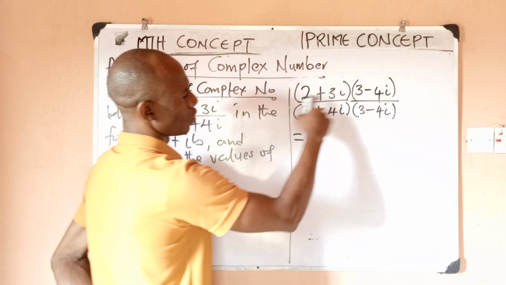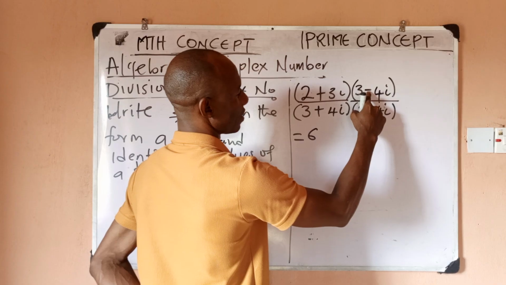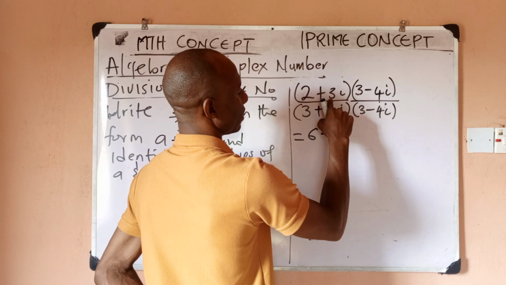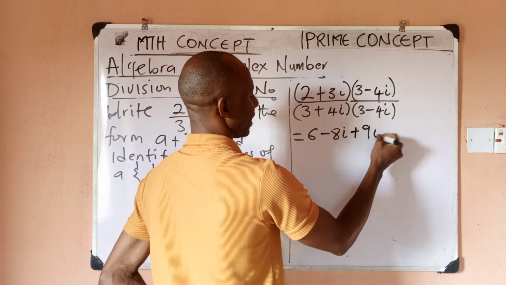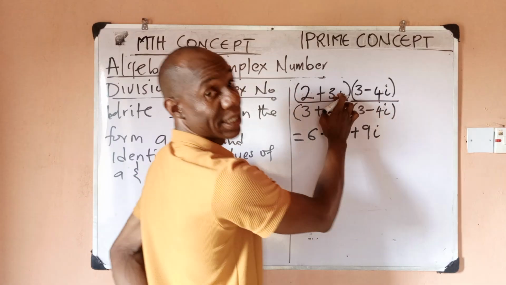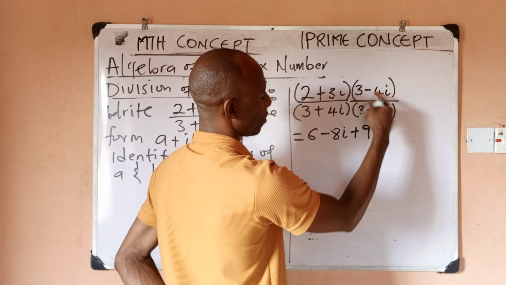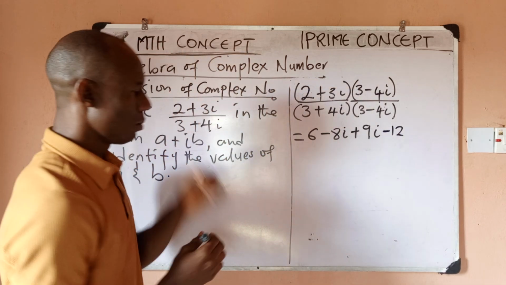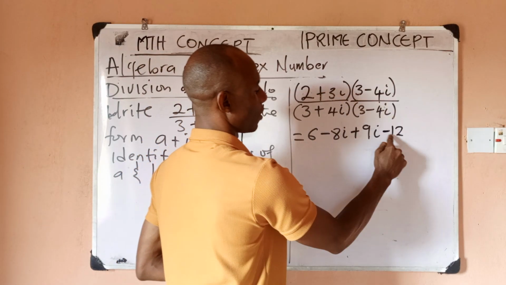So I have 2 times 3 is 6. 2 times minus 4i is minus 8i. 3i times 3 is plus 9i. Now for this last part, we'll always take it gradually. So plus 3i times minus 4i: 3 times minus 4 is minus 12.